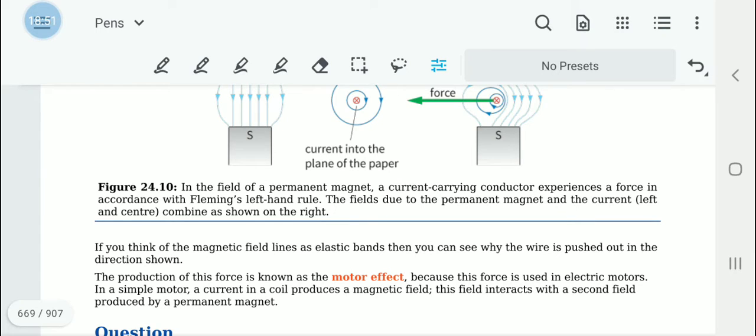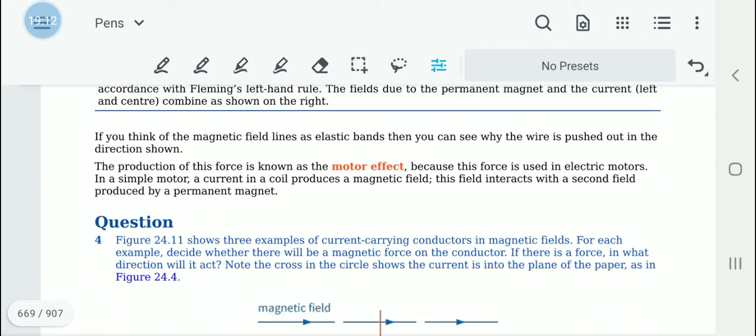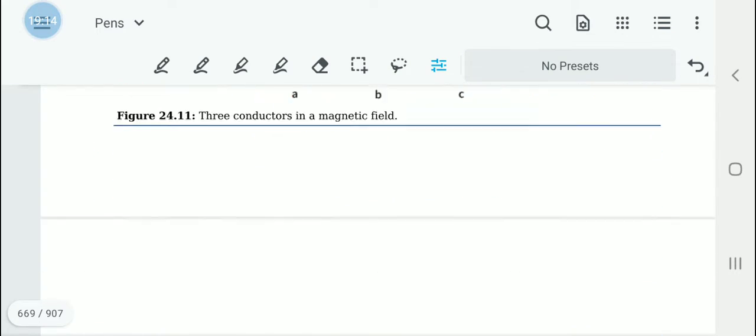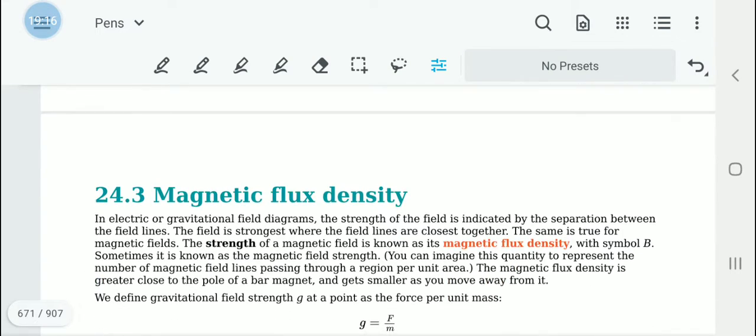So when a current produces a magnetic field, it generates a field, and that interacts with another permanent magnet inside the motor, which results in the force that makes the motor rotate. If you understood all these details, do question number 4.